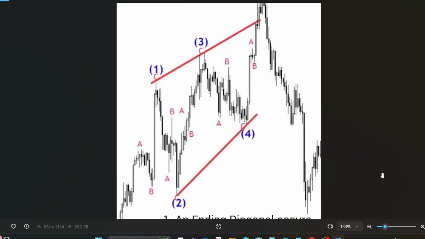Then check for wave overlap. Unlike a normal impulse wave, an ending diagonal allows for some overlap.